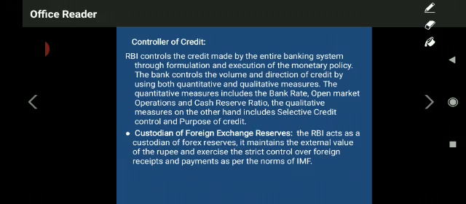Second one, open market operations. Open market operations is an operation where the selling and buying of government securities takes place. When government securities are sold and bought, that operation is called open market operations. Here, if the supply of money in the hands of individuals increases, Reserve Bank of India starts selling these securities in the market.